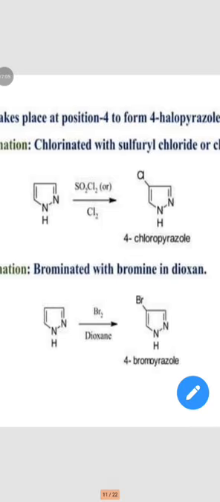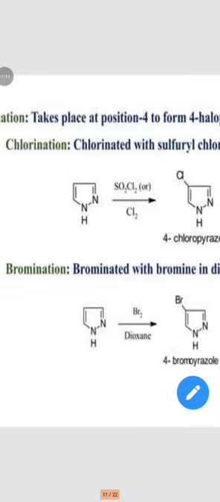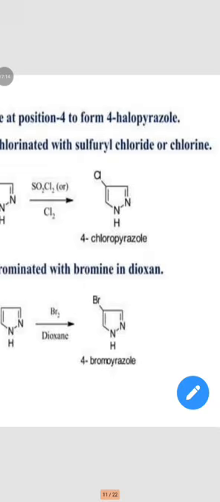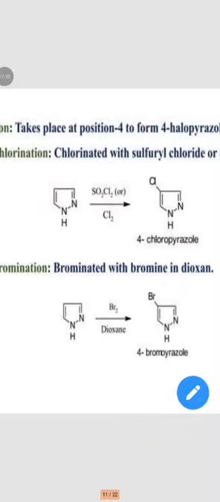First one is chlorination: pyrazole is chlorinated with sulfuryl chloride, SO2Cl2, or chlorine, to give chlorine in the 4th position. So 4-chloropyrazole is obtained.